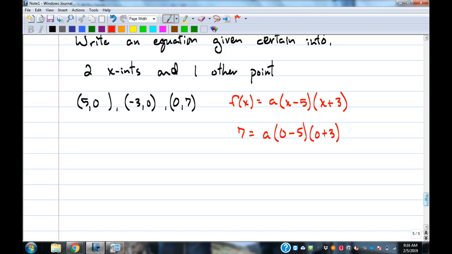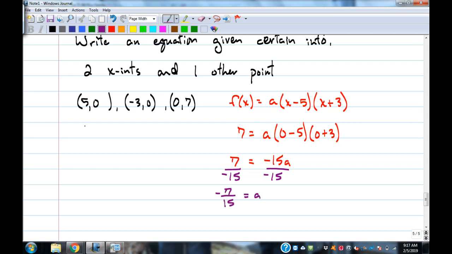And that's how we're going to find a, is we're going to use that third ordered pair that they gave us. Okay, so work that out. -5 times +3 is -15. So we have -15a is equal to 7. Divide by -15. a is -7 over 15.